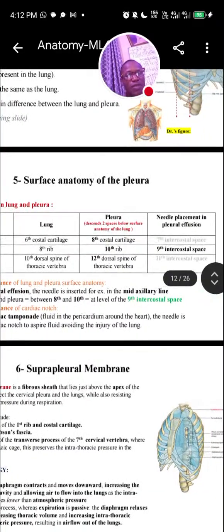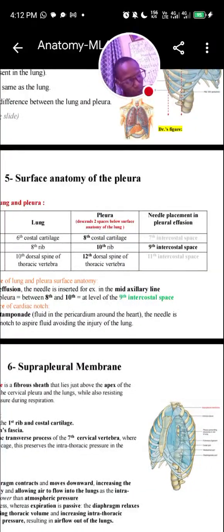Now, the 7th intercostal space corresponds to the 8th rib. The 9th intercostal space corresponds to the 10th rib. And the posterior, which is 11th intercostal, corresponds to what? To the 12th rib. Are you following?